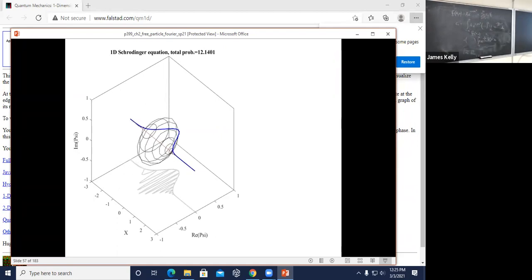So here is a particular initial wave function shape for a free particle. We're supposed to find phi of k, and maybe I can move the slides back to where the formula for phi of k is. It's like the other one, but it's got that factor of 1 over root 2 pi in it. And then at the bottom, you're asked about the phase and group velocity, thinking about this kind of case.